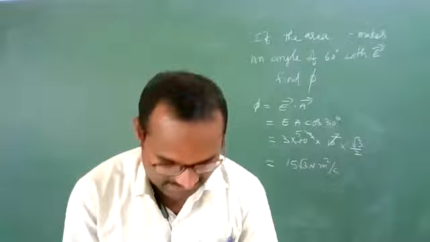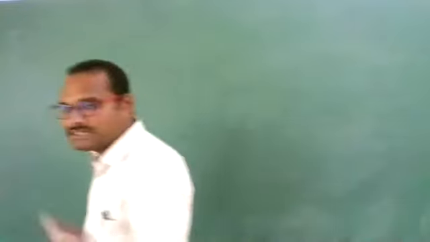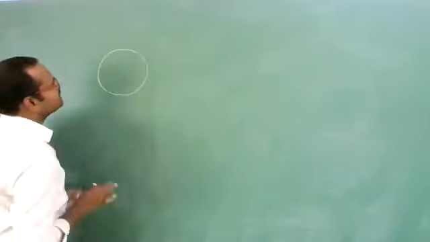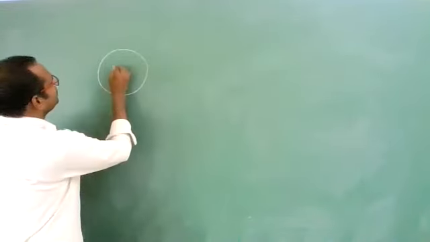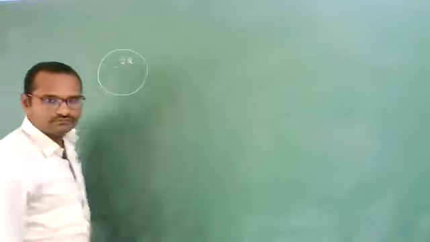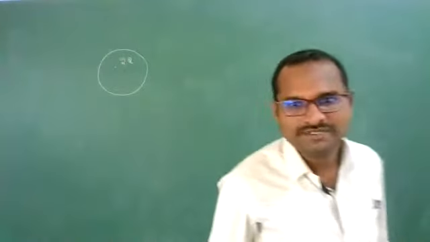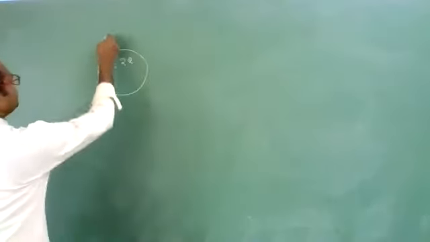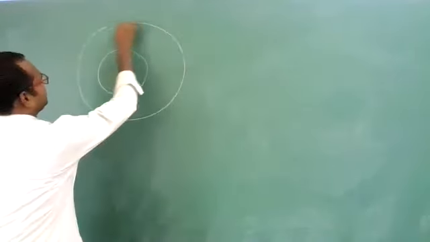Next, one more question. See, listen carefully, students. Let us suppose there is one spherical surface. Inside that spherical surface, a charge 2q is present. This spherical surface is enclosed by another spherical surface.